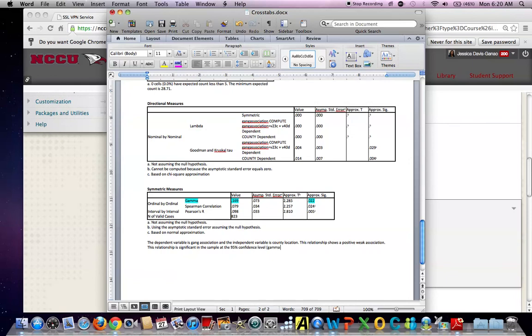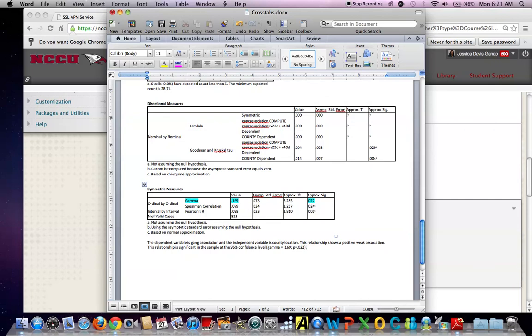Gamma is equal to 0.169 and p is equal to 0.022. Alright? It's 95% because 0.022 is below 0.05, but it's not below 0.01, which would make it 99%.